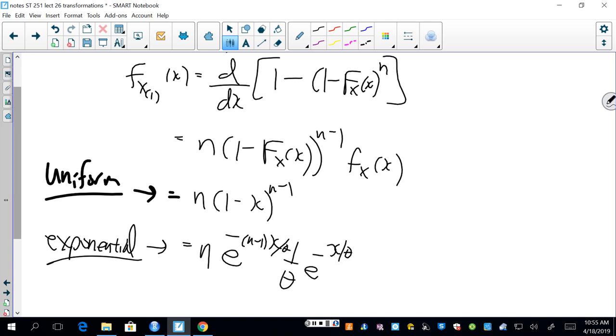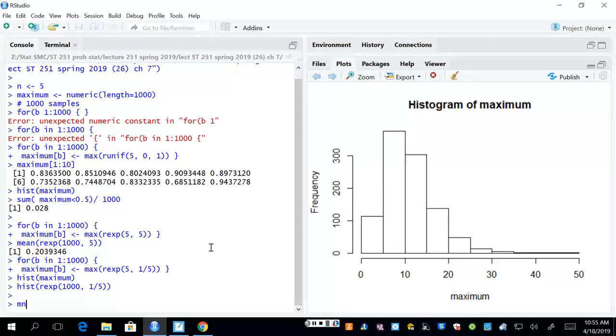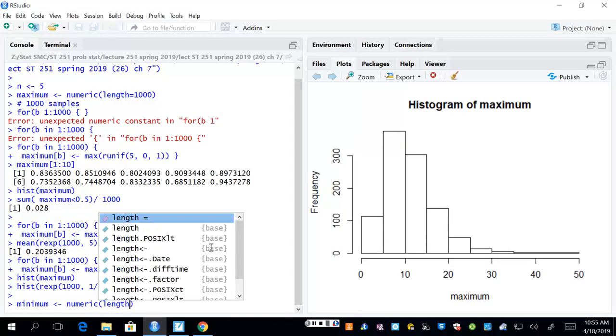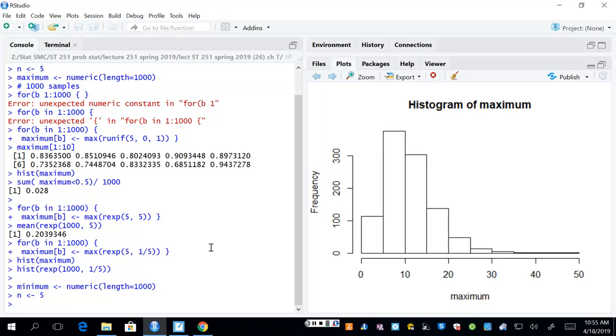We can simulate the distribution of the minimums. So on a computer, let's say the minimum, the long word minimum is a numeric, also of length 1,000 values. And the sample size is still going to be 5.